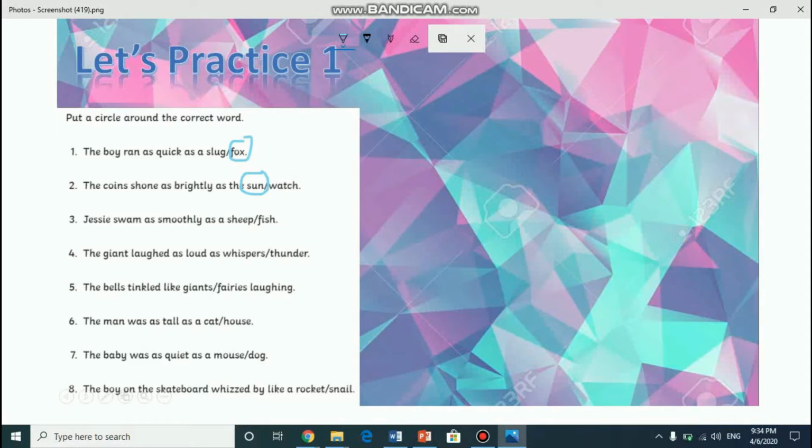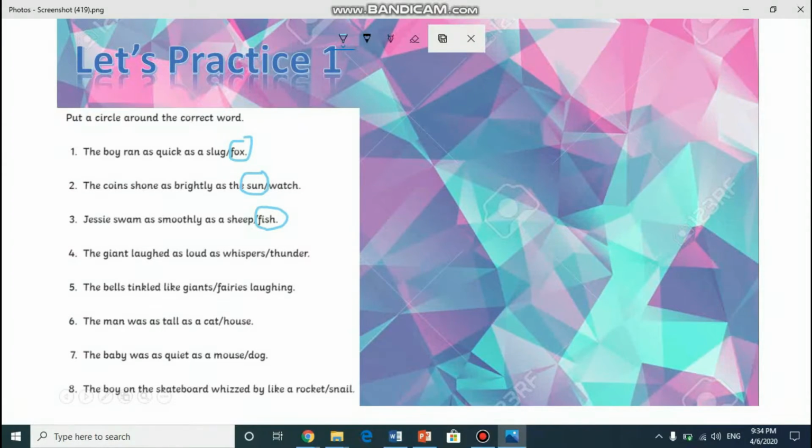And if you're a good swimmer, they usually say that you swim very smoothly like a fish. So if I compare this to the sentence that I have here, which is Jessie swam as smoothly as a, of course, fish. So sentence number three is Jessie swam as smoothly as a fish.